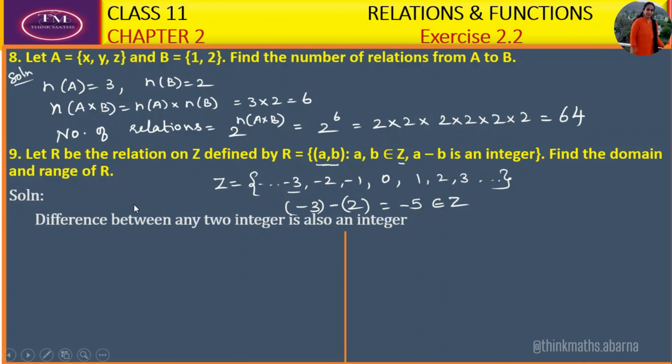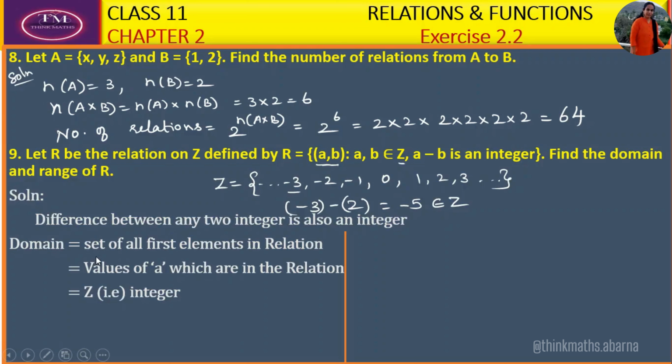So let me start the solution. Difference between any two integer is also an integer. So if A comma B belongs to Z, all A minus B will belong to Z. Okay. So therefore, domain. How to write domain? Domain is nothing but set of all first elements in relation. So what will be the first element? This A. So values of A which are in relation.